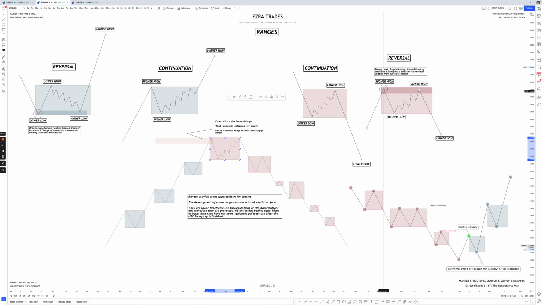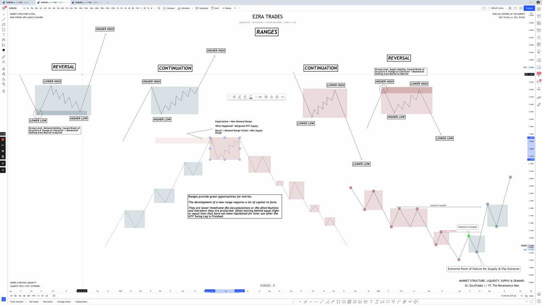This means that this is a strong level, supply is holding, and if we can cause a break of structure to the downside and a change of character, momentum is shifting, in this case, from bullish to bearish, right? We break structure to the downside, we take the low, we fail to make a new high, therefore this low is weak, and we're going to shift because we tapped into a higher time frame supply.